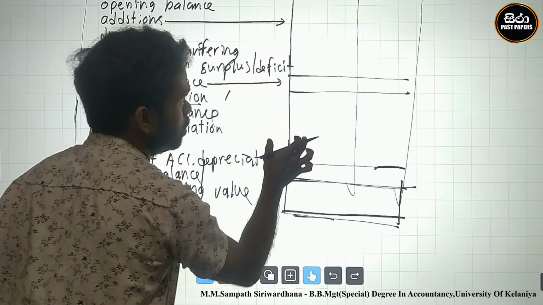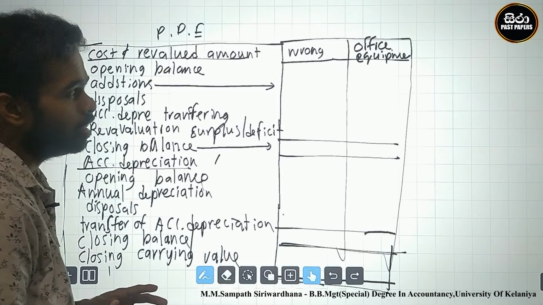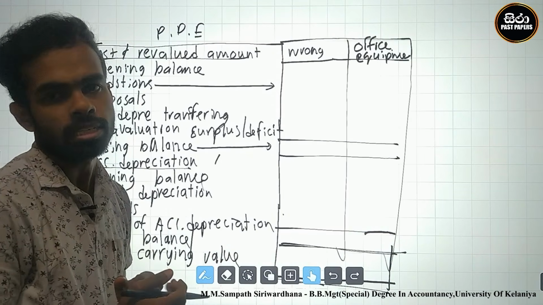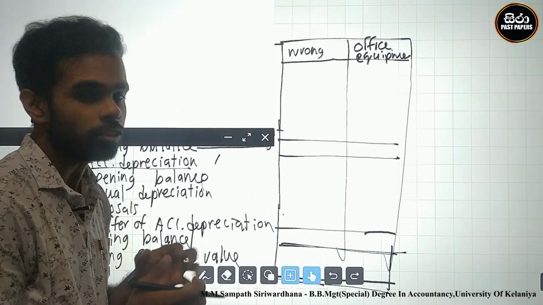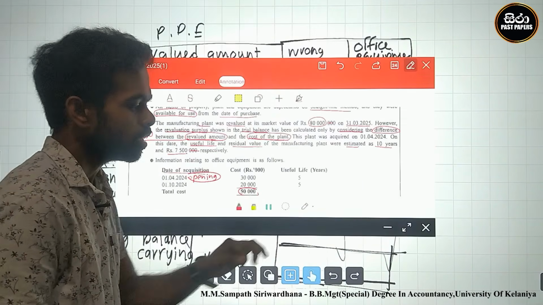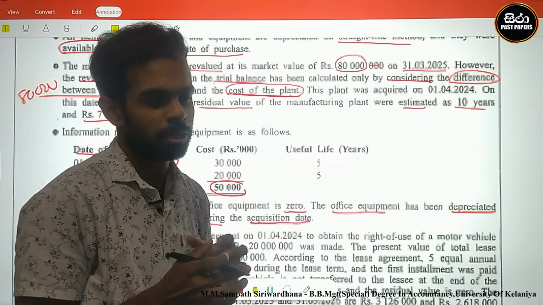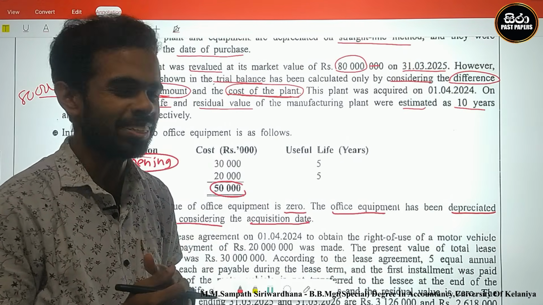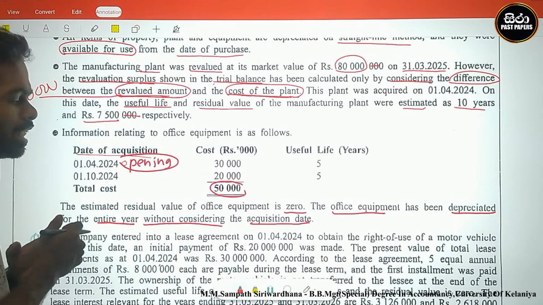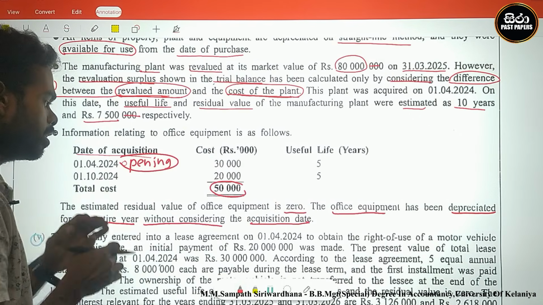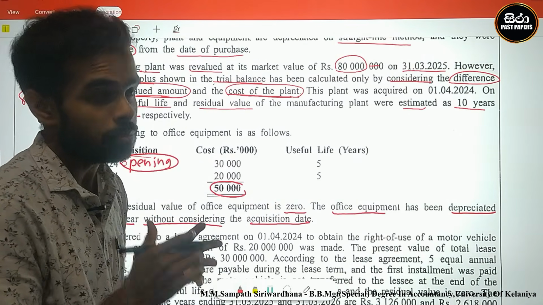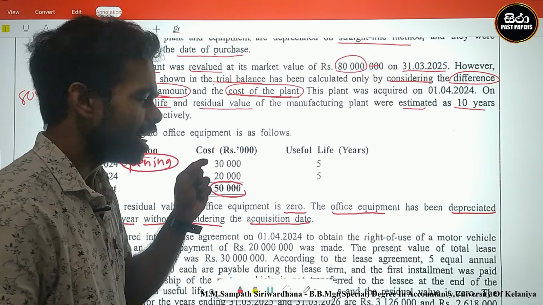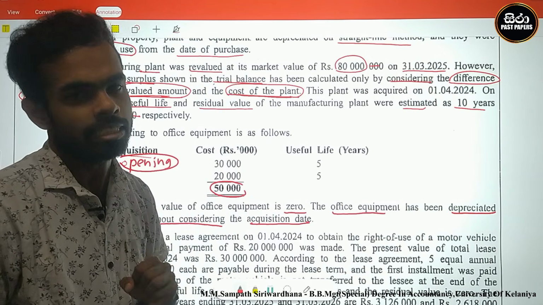Okay, let's see. First of all, we must identify the cost of the asset. Firstly, they said there is an acquisition. This company commenced at the opening date. Therefore we must firstly concentrate on cost. All the 50,000 in the trial balance are acquisitions in the current year.